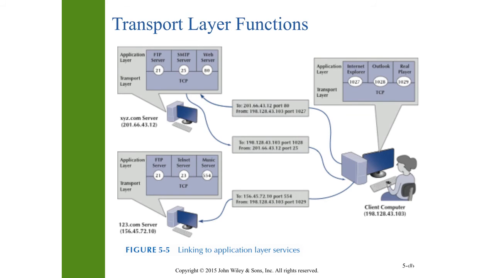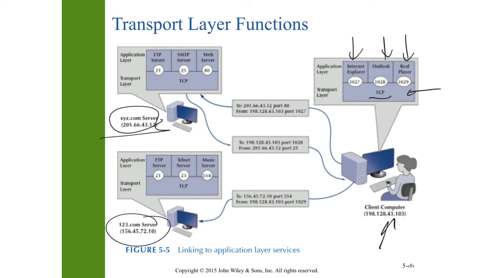So take a look at this picture or this image. So you have your client. Your client can access a web server, a second server, or two different servers at two different locations. So I, as a client, my transport layer right now, which is my TCP, is serving more than one application protocol at the application layer.